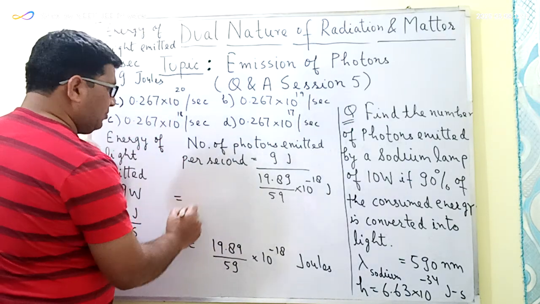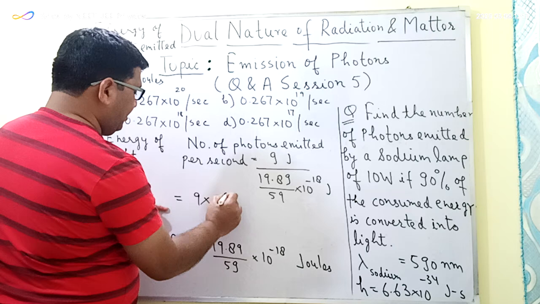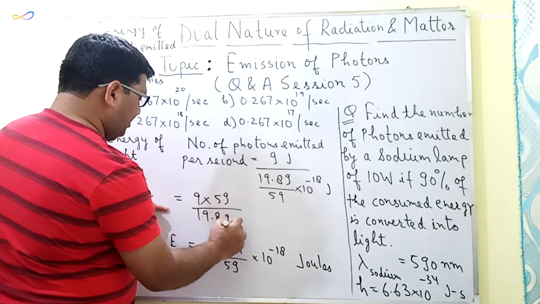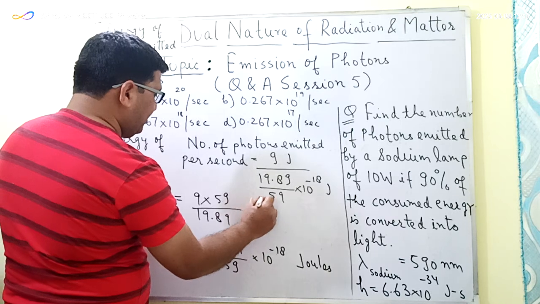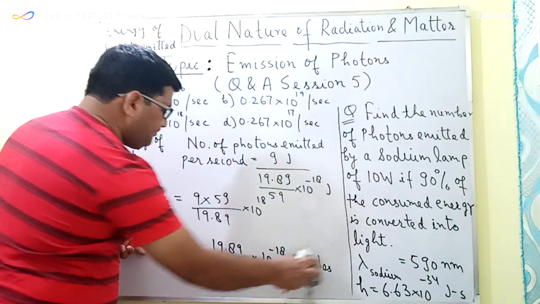So this is equal to 9 into 59 divided by 19.89 into 10 to the power 18. This is the number of photons which are emitted per second.